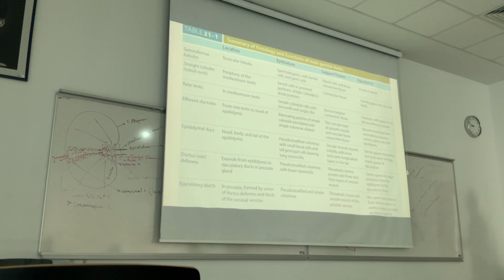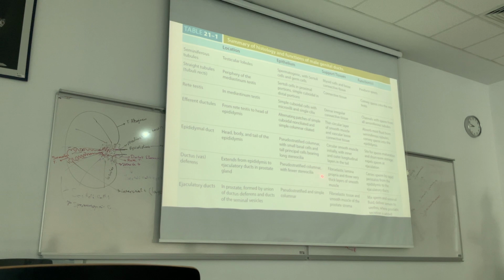Don't confuse it. When we look at the ductus deferens, we can see the pseudostratified columnar epithelium with fewer stereocilia than the epididymis. And also, in the wall of the ductus deferens, we have a thick layer of smooth muscle. On the inner side we have longitudinal, in the middle circular, and on the outer side again longitudinally arranged smooth muscle cells.